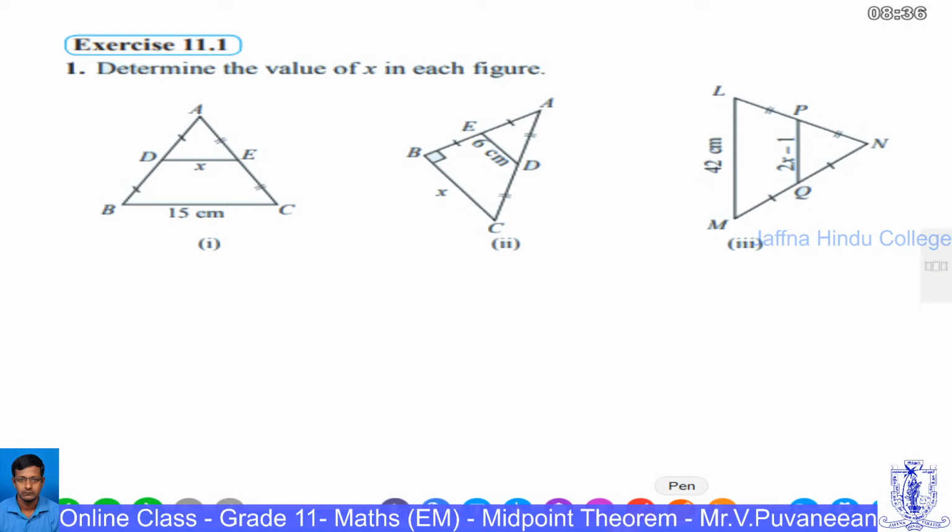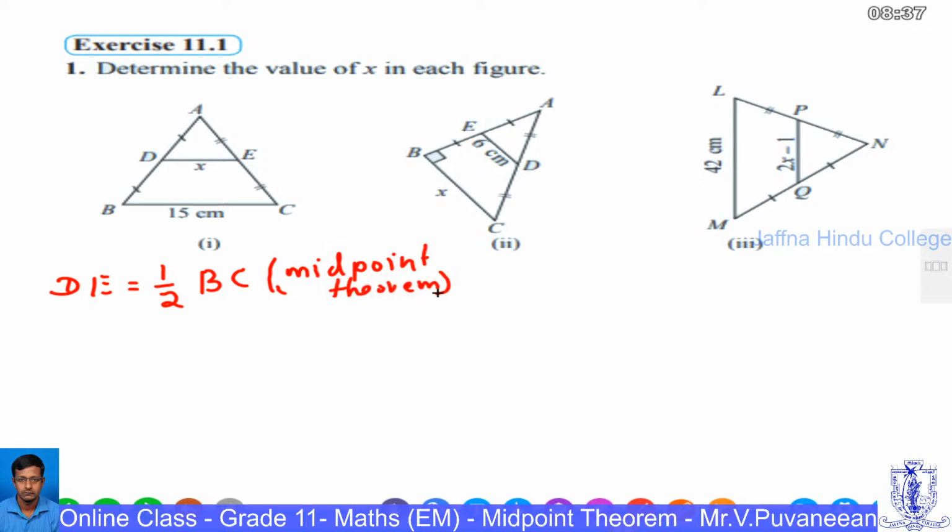So we can write DE equal half of BC, according to the midpoint theorem.